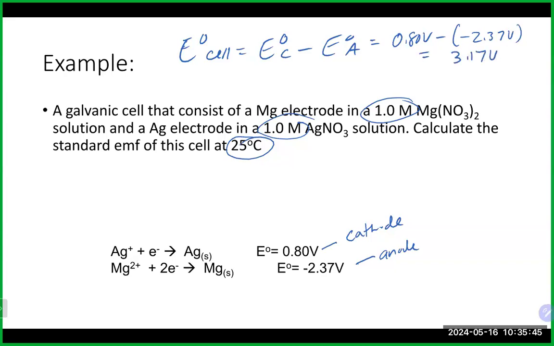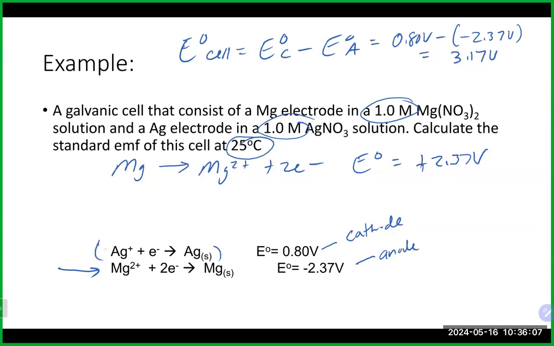Now, if we were going to add everything together and rearrange things, we would need to flip our anode reaction, and that would give us magnesium goes to magnesium 2 plus and 2 electrons. That will then turn our sign for this to a positive 2.37 volts. Our silver would need to be multiplied by 2, so we have the same number of electrons. That gives us silver plus 2 electrons goes to 2 silvers.